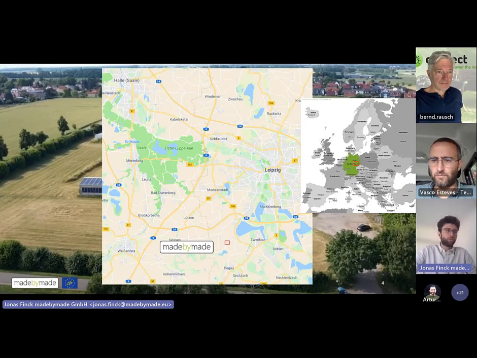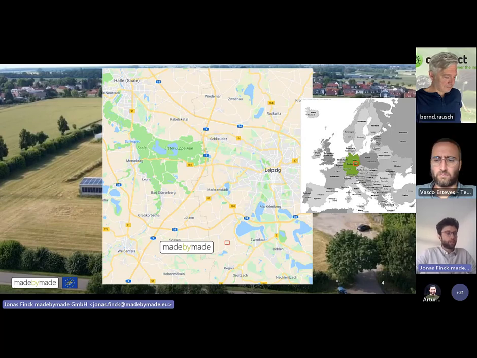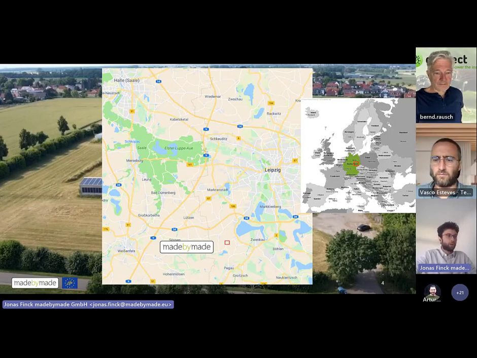Leipzig, with around 500,000 citizens, helps you to organize your substrate or the input material, because it's a crucial point. Bernd mentioned a lot of important points at the beginning. And when you're close to a city, usually you have access to a lot of organic residues or organic waste due to the feed and food industry.